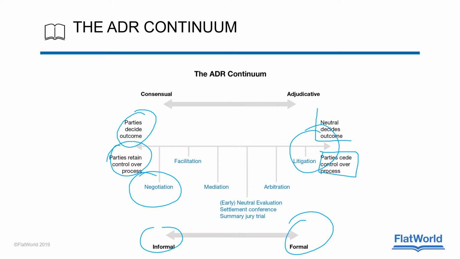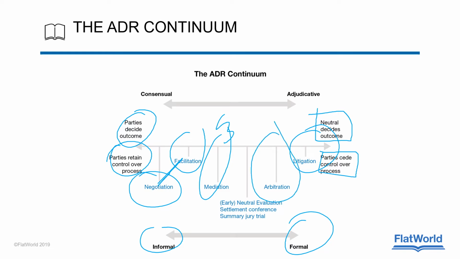And the neutral, which is the jury or the judge, decides the outcome. In between, you have facilitation and mediation, where typically there'll be a third party. And then you get into arbitration, the last point on the continuum before we get to litigation.